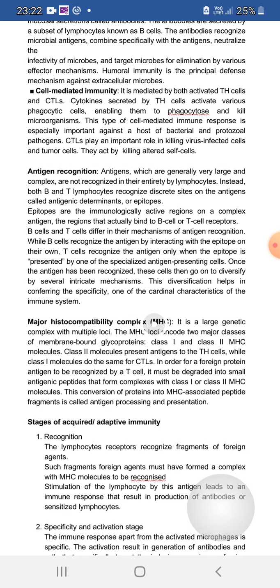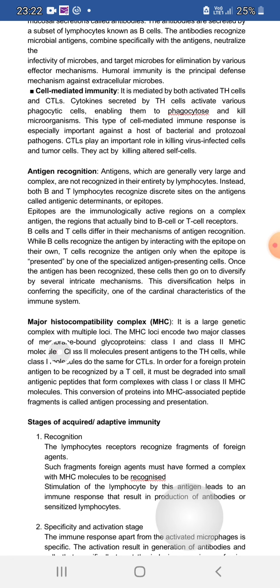So major histocompatibility complex molecules are classes of membrane-bound glycoproteins. There are two, class 1 and class 2 major histocompatibility molecules.